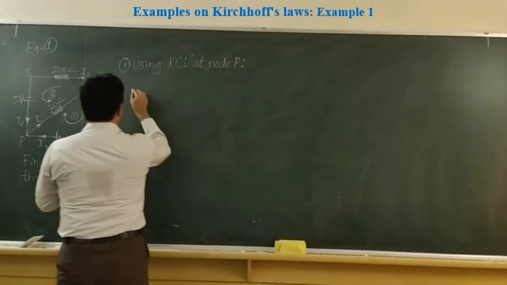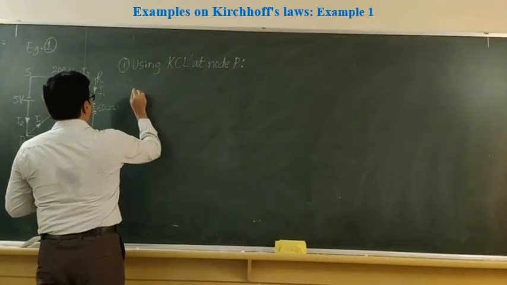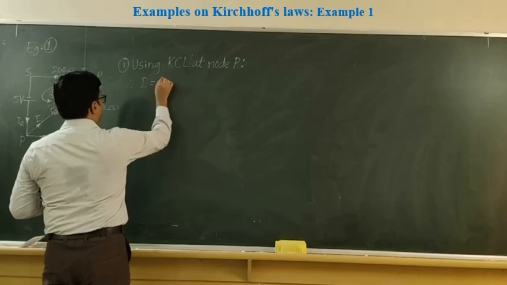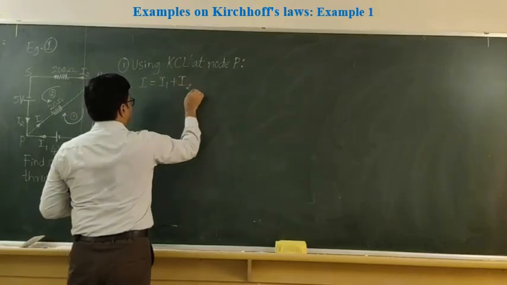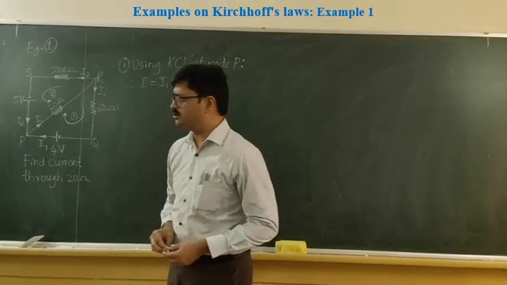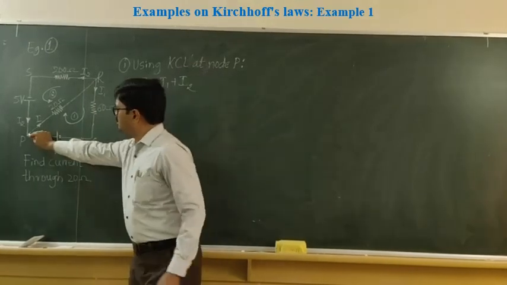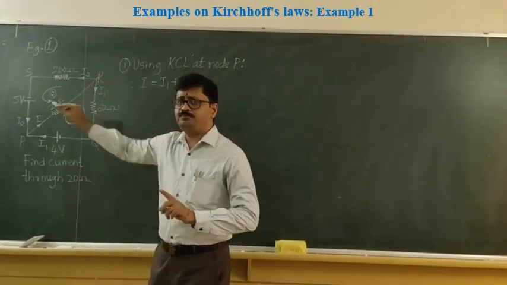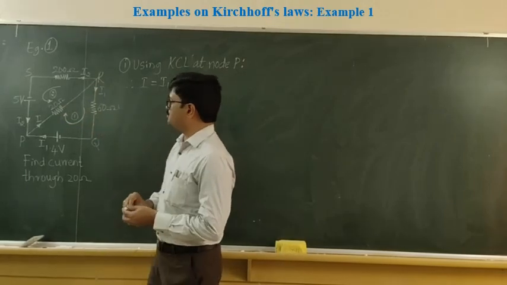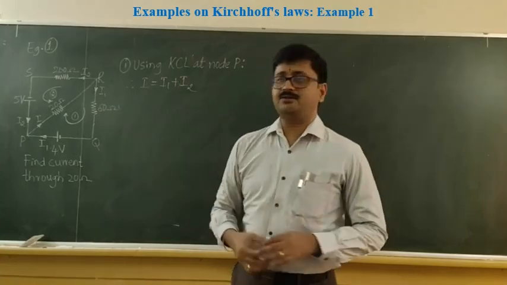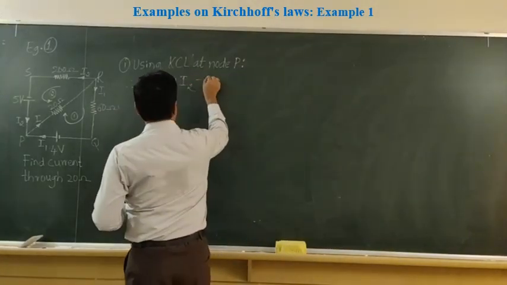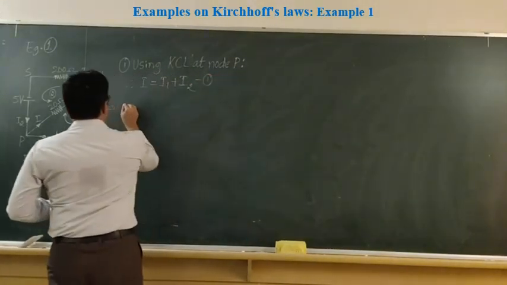So accordingly I will say I is equal to I1 plus I2. I hope you can follow this. I is the net current leaving from P, and I1 plus I2 is the net or total current entering at P. Okay. So let us take this as equation number 1.